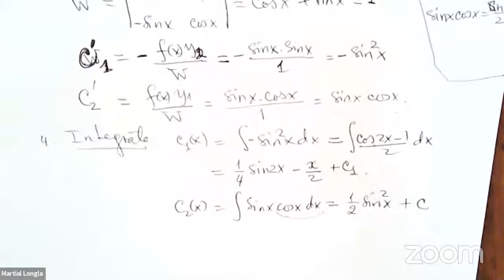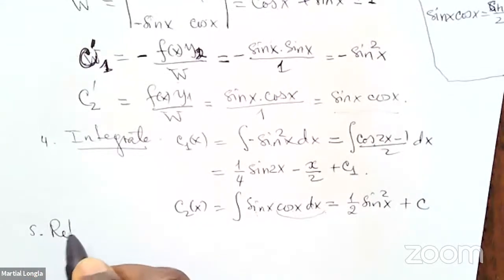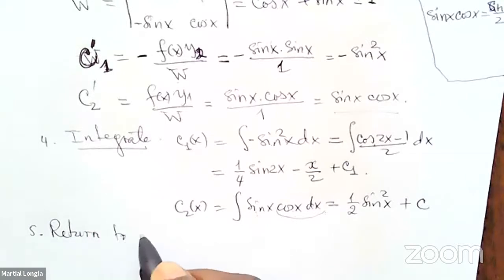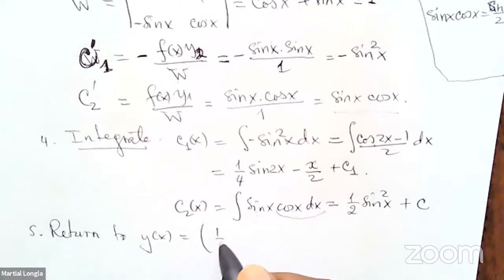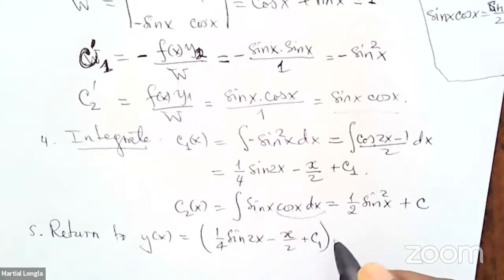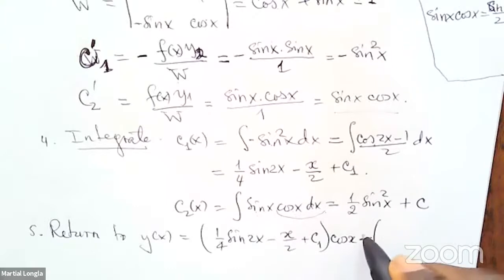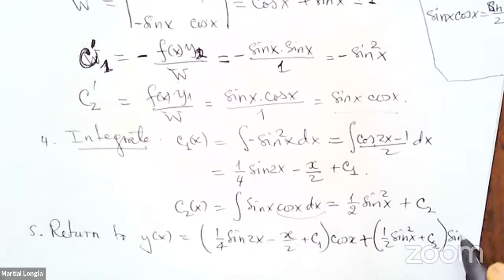So this is what you get. You get C1 of x, you get C2 of x, then you return the whole thing. Y of x equals C1 of x, that's 1/4 sine 2x minus x over 2 plus C1, times cosine x, plus 1/2 sine squared x plus C2, times sine x.